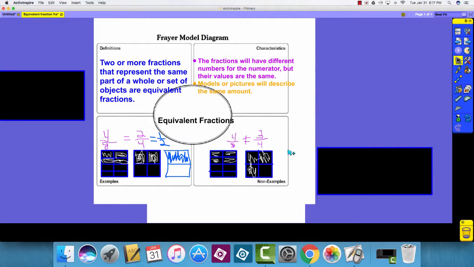All right, boys and girls, you should have all of this filled in. Now, if you have some extra time before you move on to your next center or activity, you can go ahead and make this look really pretty, okay? You can use some color to shade in your fractions.